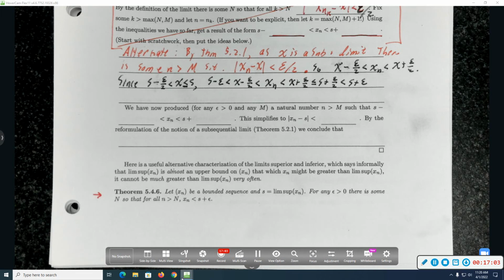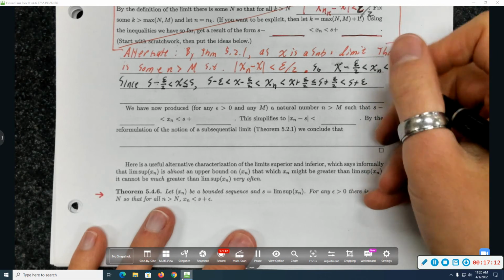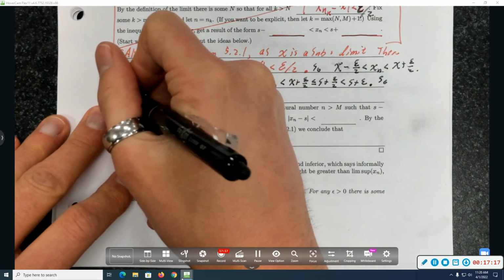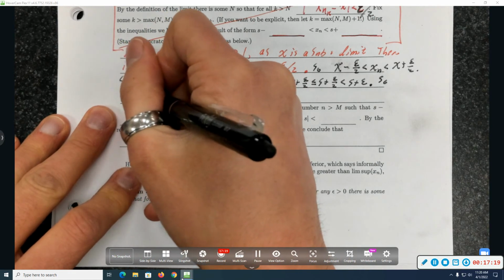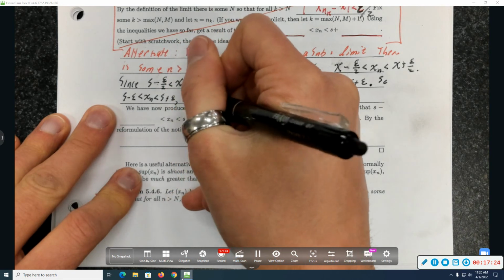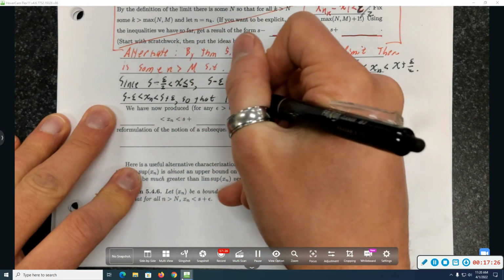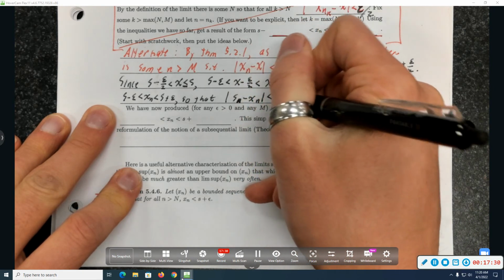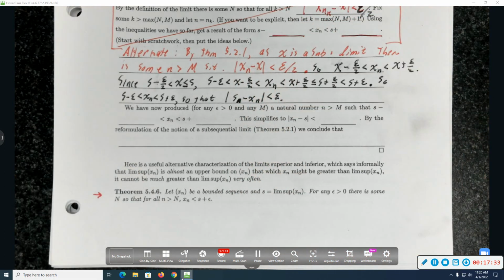You turn that into this. And then you can say, properties of absolute value, let me turn that into this. So, s minus epsilon less than xn less than s plus epsilon, so that absolute value of s minus xn is less than epsilon, which is what we wanted to get.